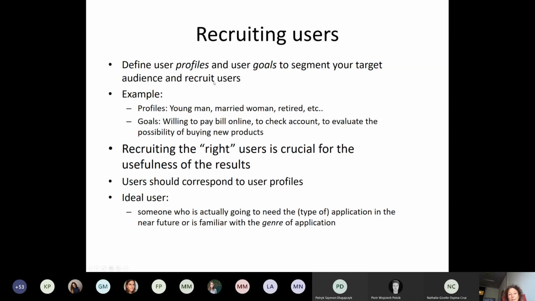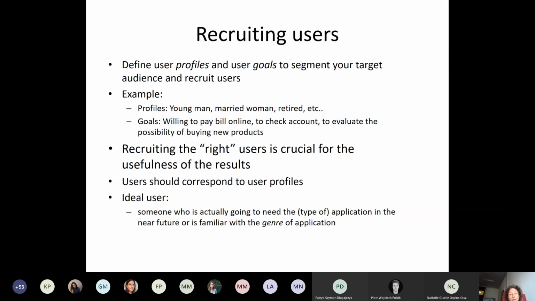And these are examples. Define people depending on the gender, on the social status, on the age, and try to figure out why they should use the application, so that you can better introduce the test, and also ask the user to perform tasks that are meaningful for that goal.